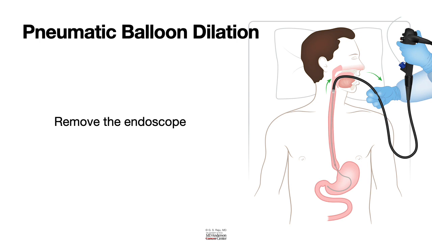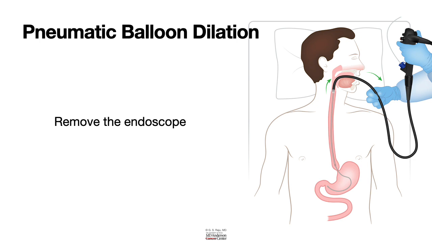You lubricate the balloon tip and then load the catheter onto the Savary wire and then slide it over the wire until it comes down to the area of interest.